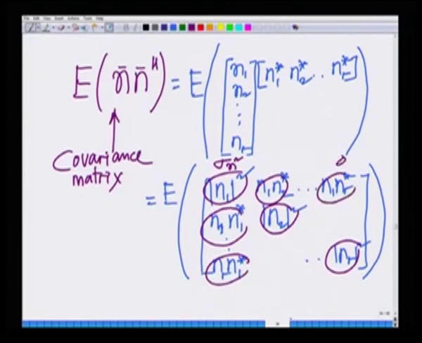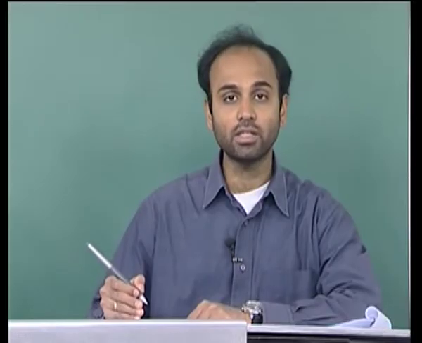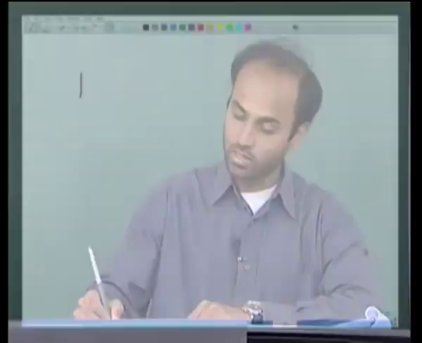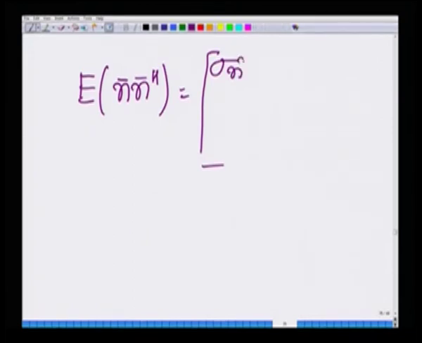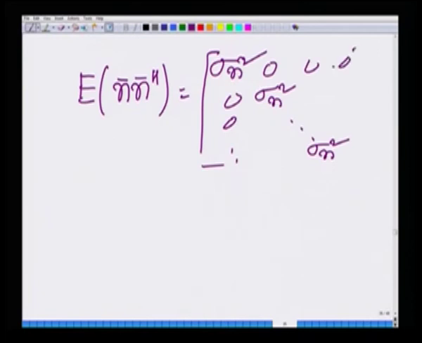Hence, this matrix, which is the covariance matrix of the noise vector at the receiver, expected n bar n bar Hermitian, only the diagonal terms survive, and this equals sigma n square identity matrix.